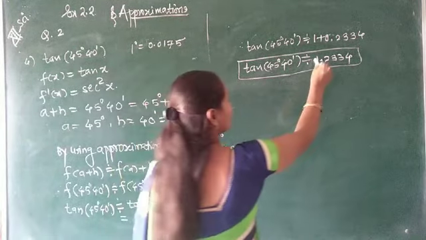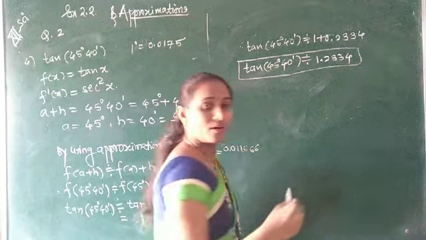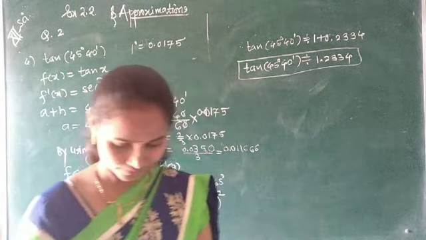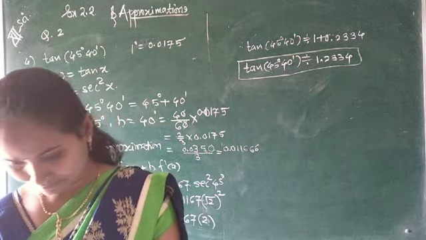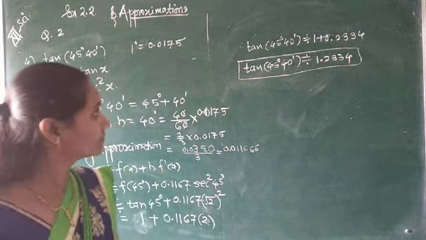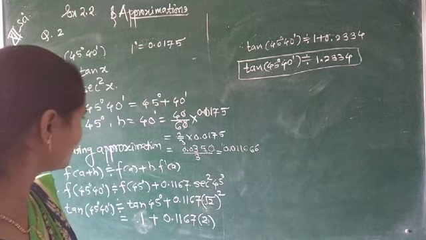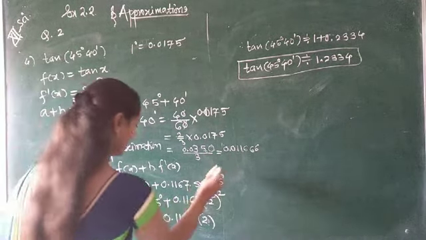So its value is greater than 1, since it is 1.2334. Sorry, it is 0.11 here.